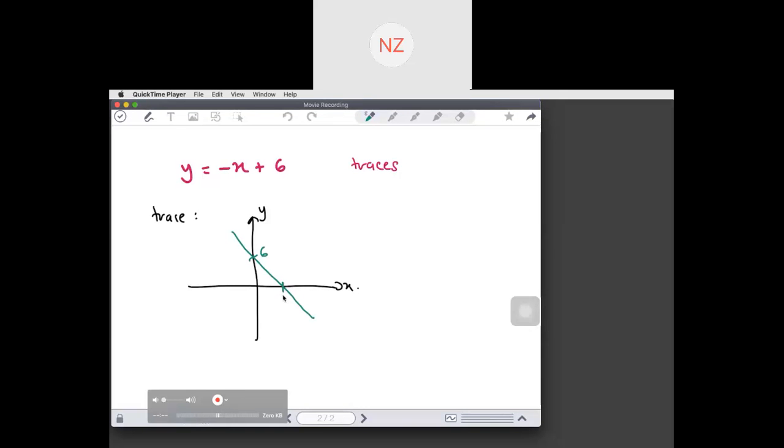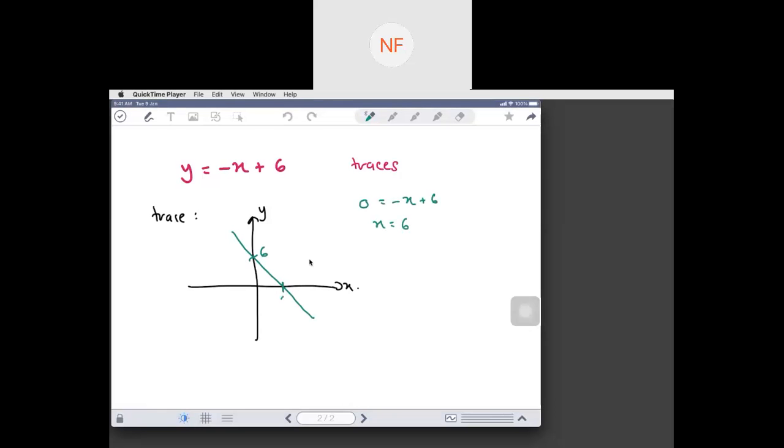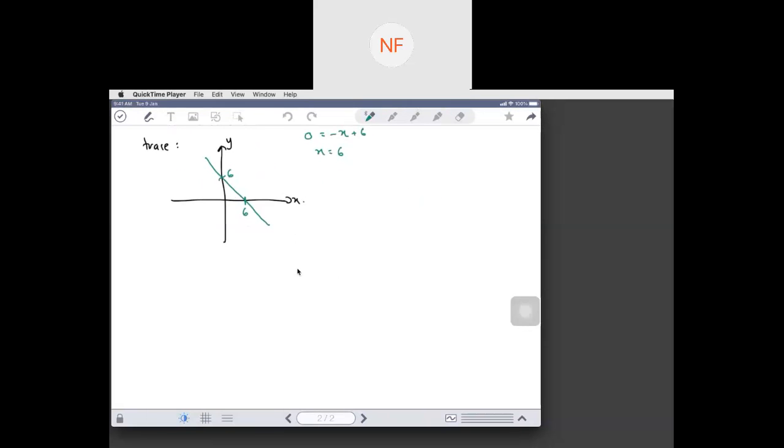You have to label. We set y equal to 0. So when you set y equal to 0, you have minus x plus 6, then you have x equal to 6. So you got 6 here. This is not always the same. It depends on your equation. So that is called trace. You have only a single trace here. Now you have to convert your trace into 3D.